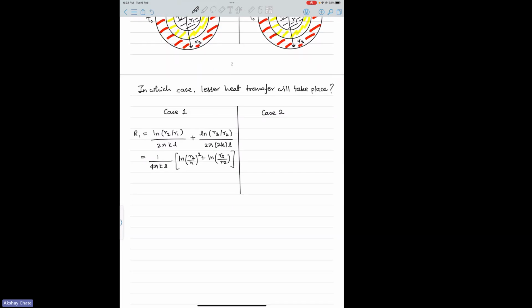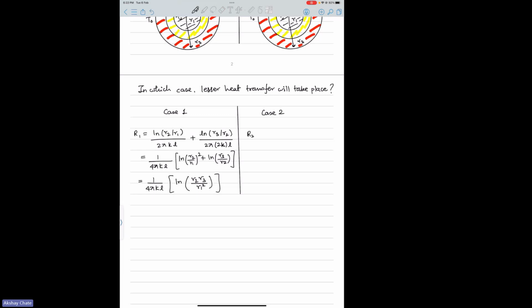Then you can further simplify: 2 pi k L, ln will be there, and then you'll have R2 squared, and one R2 will cancel, so it will be R2 R3 by R1 squared.